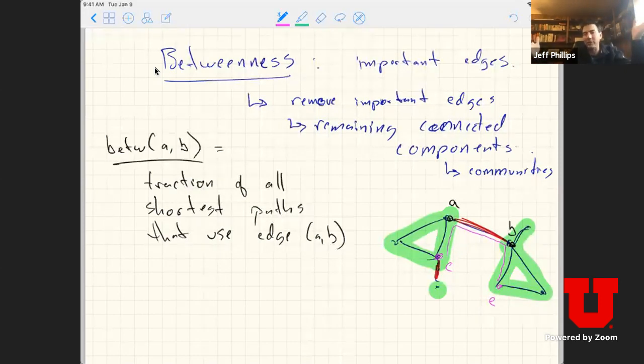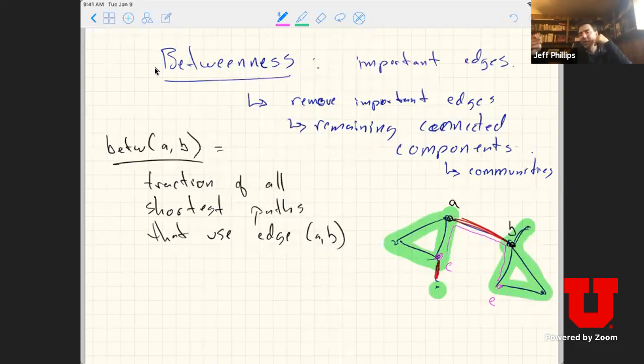I look at all pairs of vertices, calculate the shortest path between them, the smallest number of hops, and if it uses edge AB, that increments its betweenness, and then I divide by n choose 2.